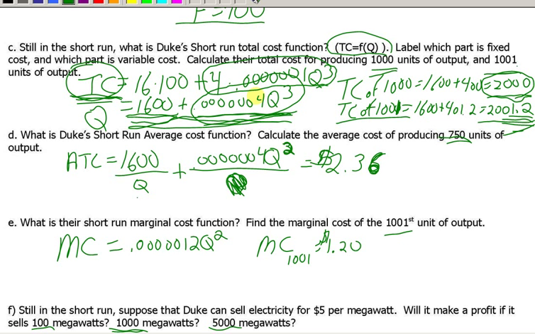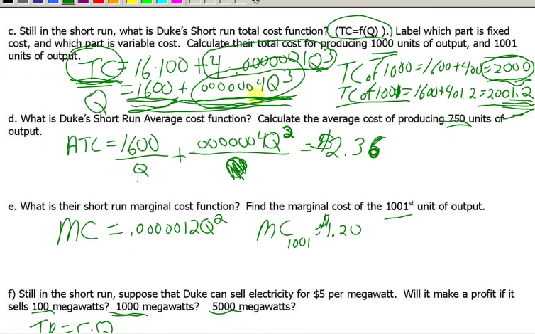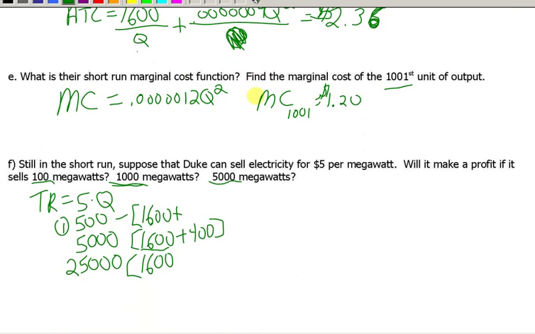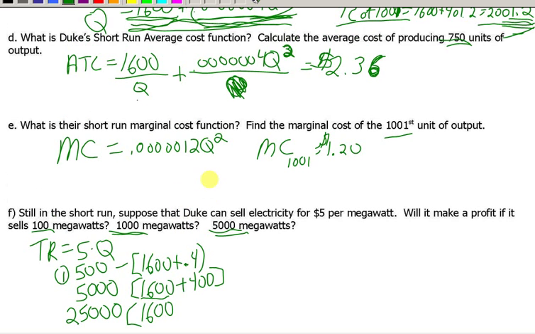So 100 cubed times 0.000004 equals... the variable cost for producing 100 units is going to be very low. It's only going to be $0.4.